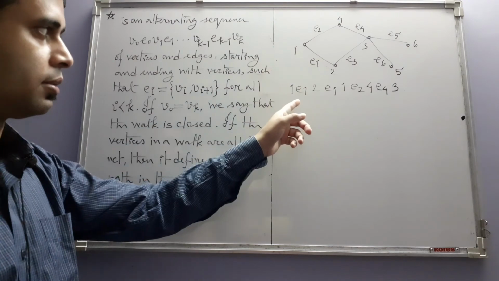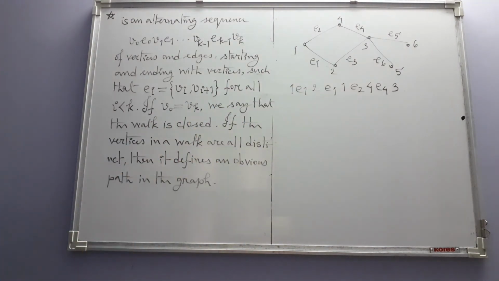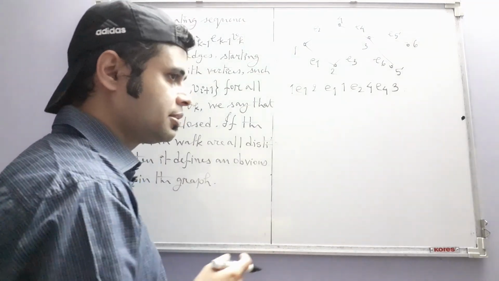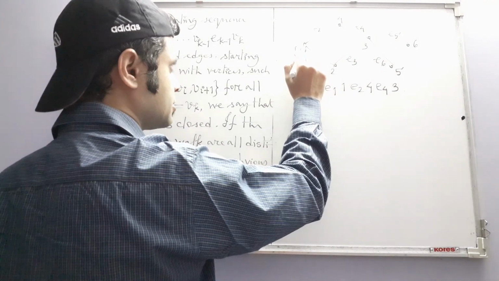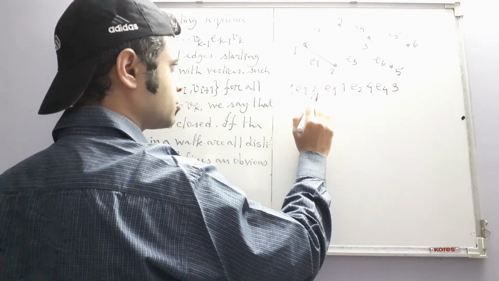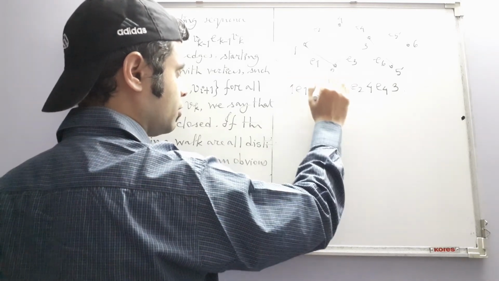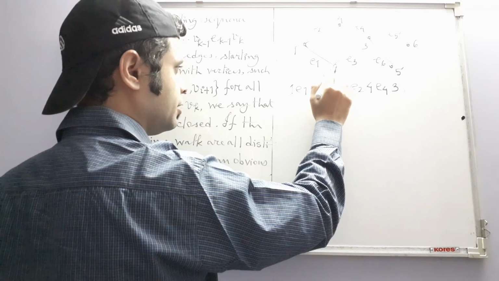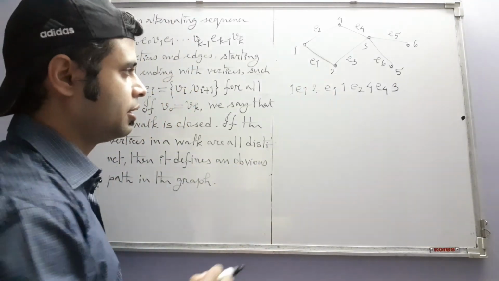Note that the walk as we see it is actually not a path. A walk means it's a walk, as if someone is walking. A person is starting from here, then he goes to the vertex 2, following the edge E1, and then again he comes back following that same edge.